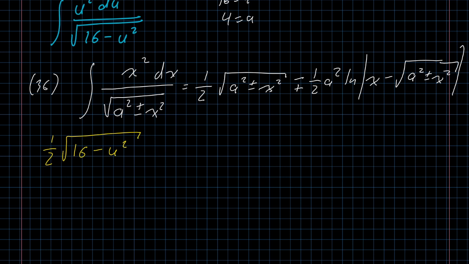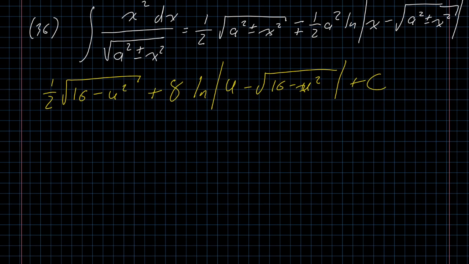And then since we used minus there, the minus or plus, we'll use plus 1/2 a squared. 16 over 2 is 8 times the natural log of the absolute value of u minus the square root of 16 minus u squared. And I'm sorry, that should have been a u, not an x here. That's okay. And then from here, we remember to include the plus c that they don't have on the table.